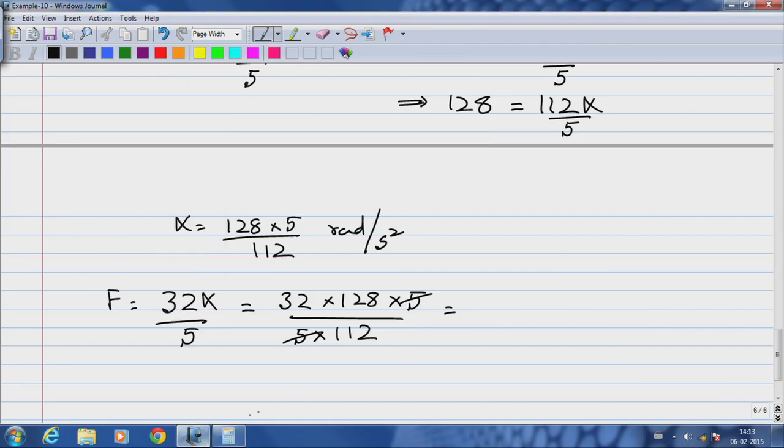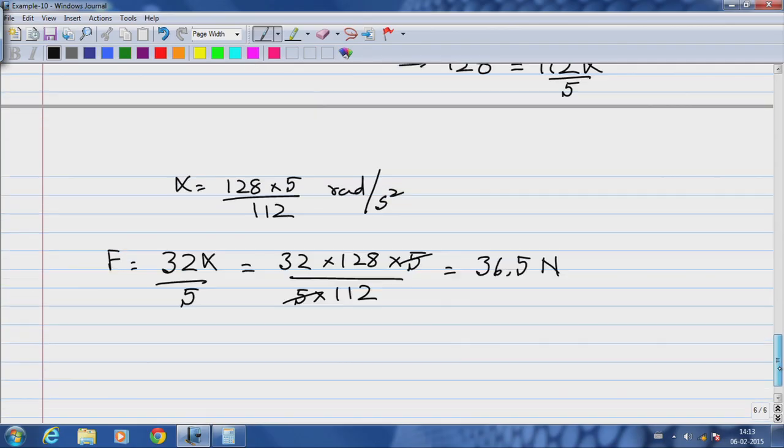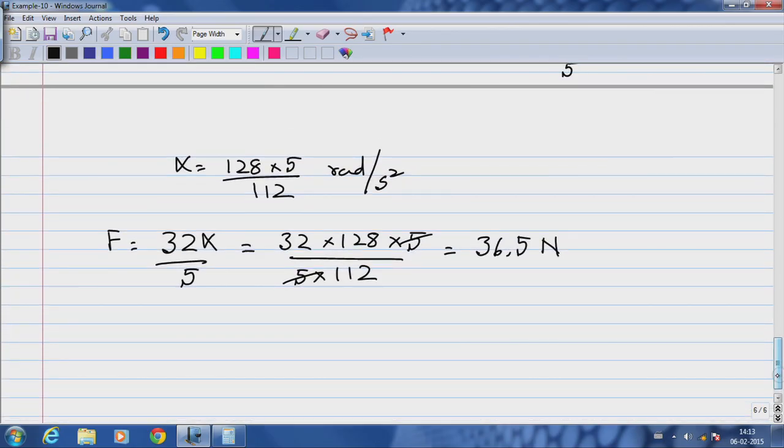So, this is roughly 36.5 newtons. So, this is the amount of friction needed.